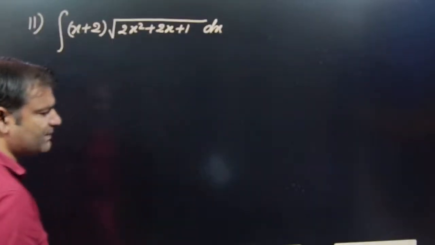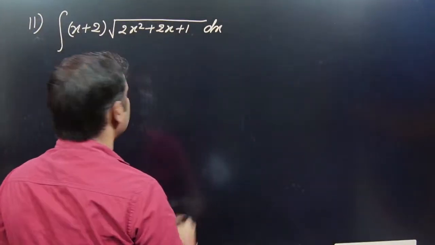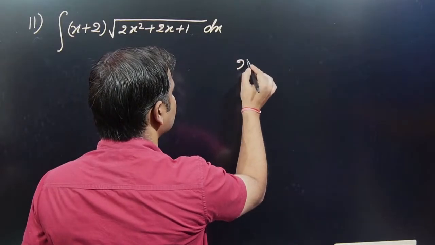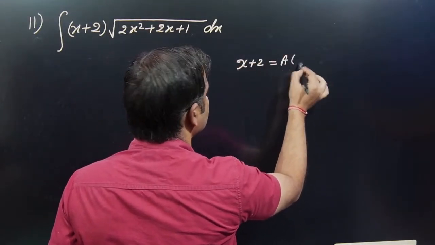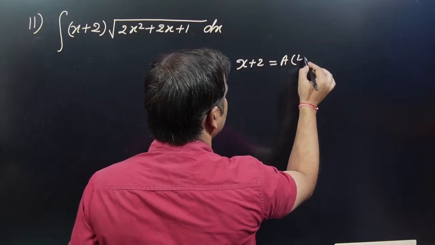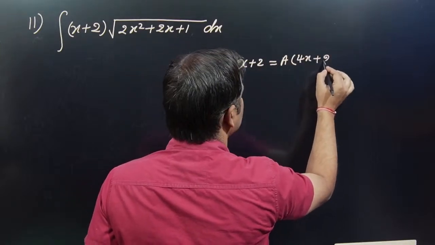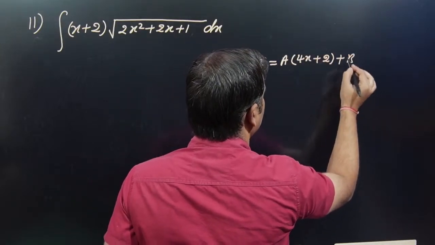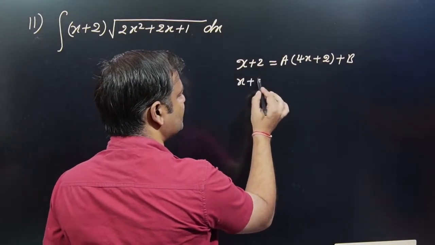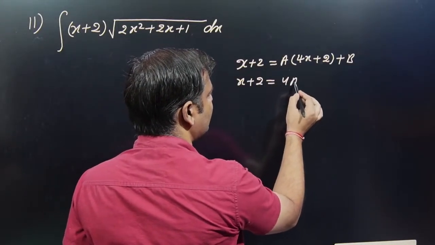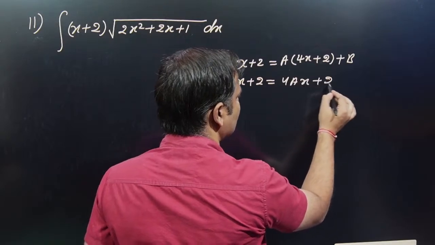How can we solve this type of problem? Simply, x plus 2 will be equal to a into the differentiation of that part, that is 4x plus 2, and a new constant b. So x plus 2 will be equal to 4a into x and 2a plus b.